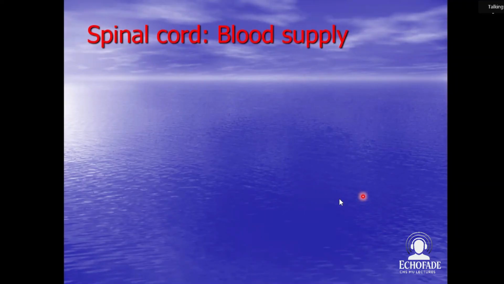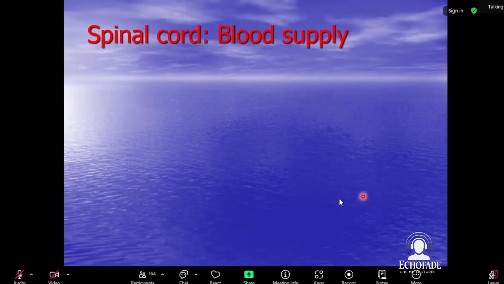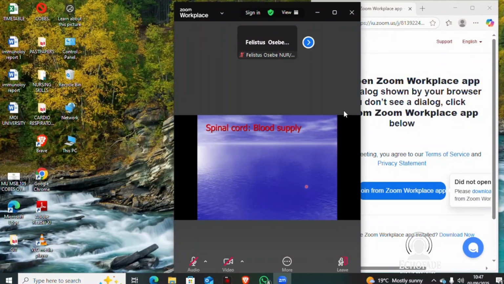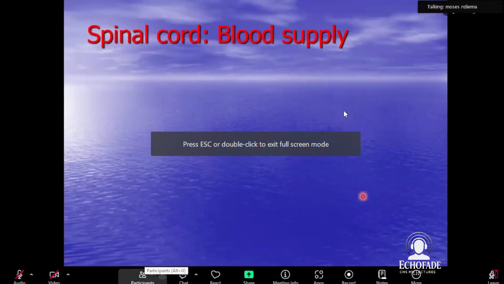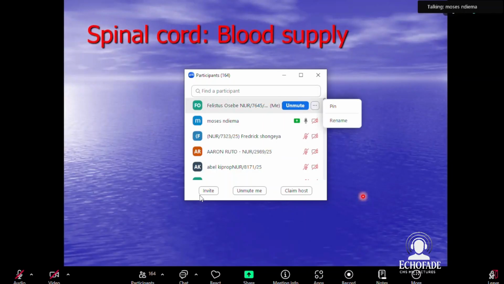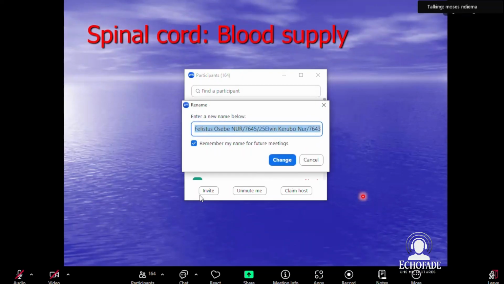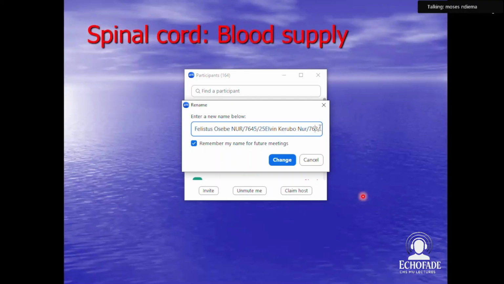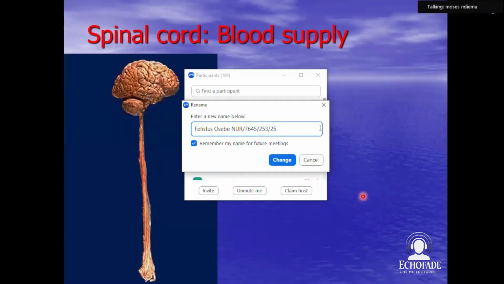So what we have there are still spinal nerves which were emerging at the various levels of the vertebral column, the vertebral foramen. In that area, we'll be having a cluster of spinal nerves. And these spinal nerves we now call the cauda equina. It's like a tail of a horse. That's why it's called cauda equina. So they are not coming at the same level as the segment from which they originate.